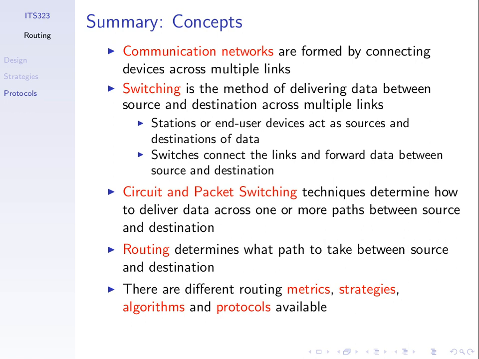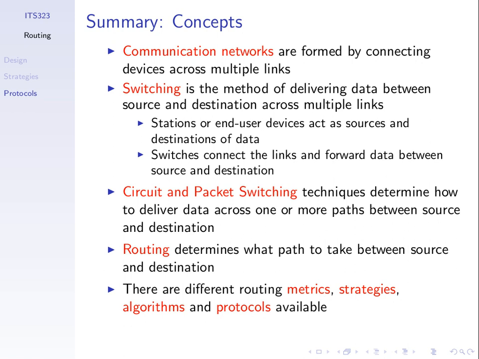We send to one node that switches out to one of its links. It chooses a link and sends there, and so on. The stations, the end user devices, PCs and so on, are the sources and destinations of data. The switches typically just forward data. They are not generating new data.